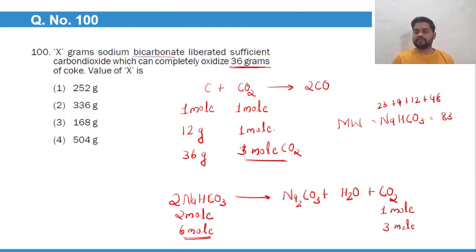So what is the answer over here? 48, 50, 60, 84. Okay, total is 84. Multiply by 6. 6 8s are 48. So it is more than 480 grams. More than 480 grams, only option is 1. That is 504 grams. Okay, so 100, option number 4 will be the right answer.